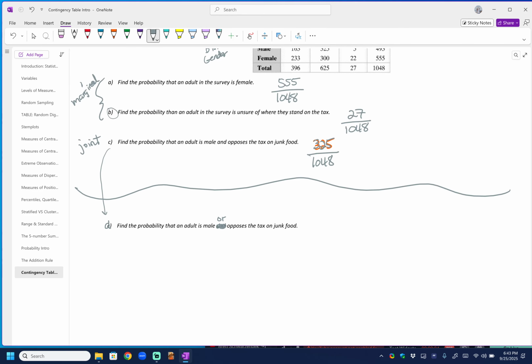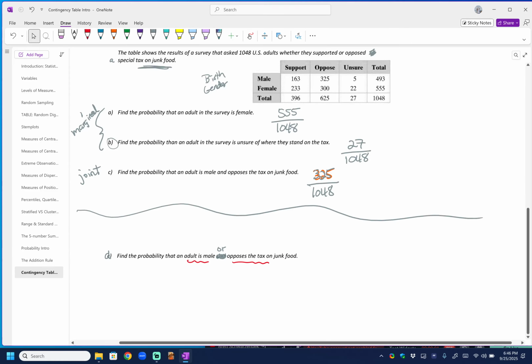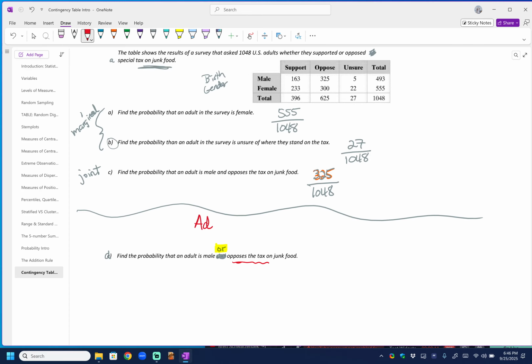My hope is as soon as you saw this word "or," a big light bulb went off in your head. Because remember, anytime we have two events connected by the word "or," we're dealing with the addition rule, which means now we have a little bit more to think about. For example, we have two addition rules.